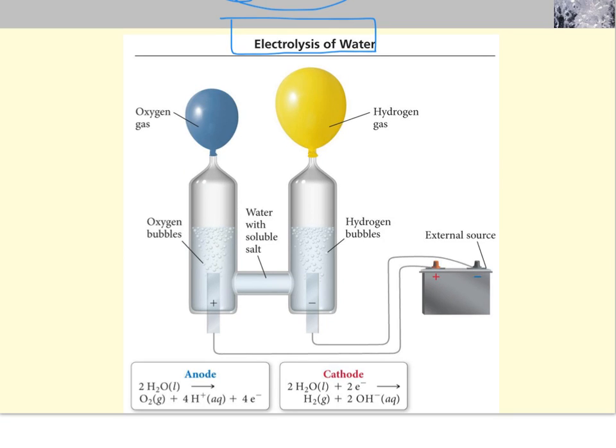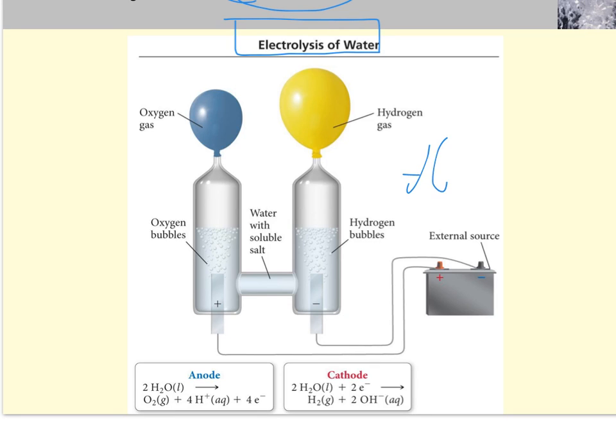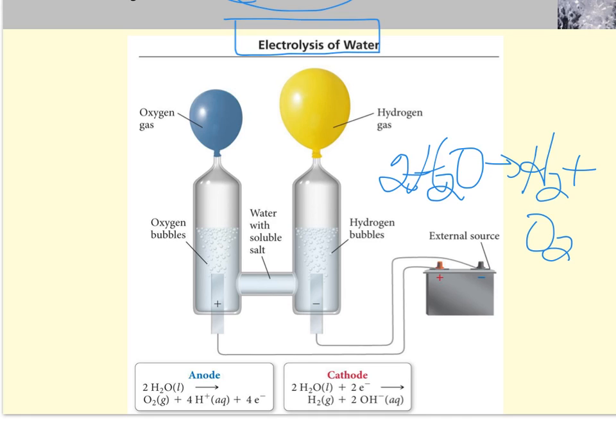When you electrolyze water, when you add electricity to water, you generate the components of water, in other words, hydrogen gas and oxygen gas, one at each electrode. So at the anode, remember, oxidation occurs, which means the substance has given away electrons.